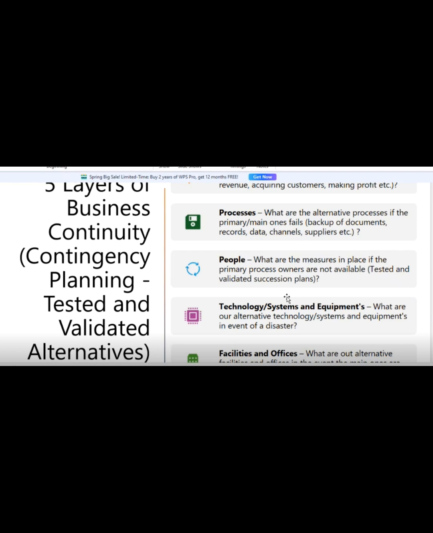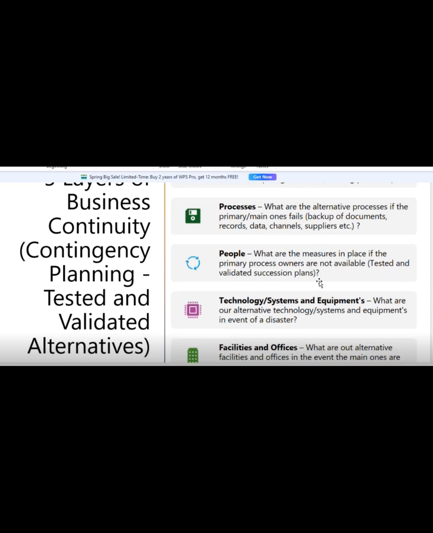So what measures do we have in place? And the thing about all of these contingency plans is that they have to be tested. You have to have tested and validated that there's an active or working succession plan in place.